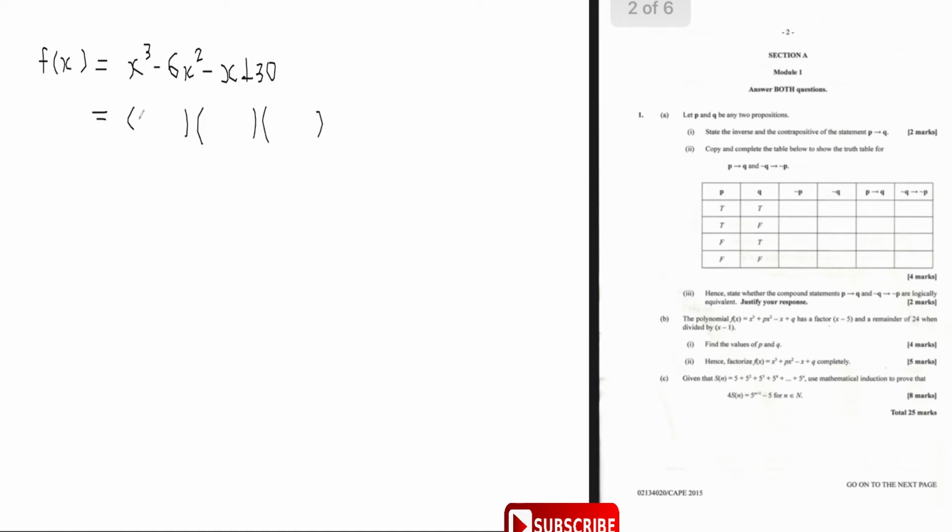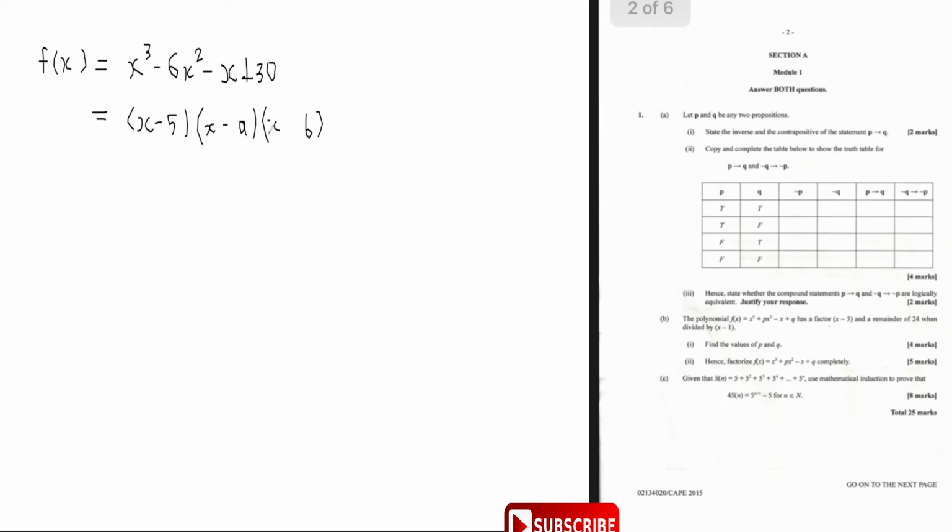Now look how we're going to find the other linear factors. We don't want to be doing polynomial division all the time. That takes up too much time sometimes. Utilize some other knowledge. So we know that x minus 5 is a factor. So we need the other 2 factors. I'm going to put a here and b here, so x minus a and x minus b for now.